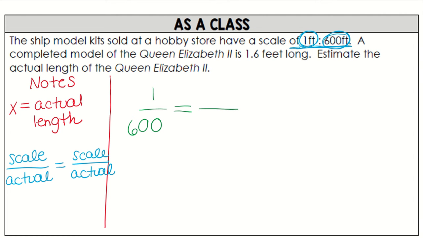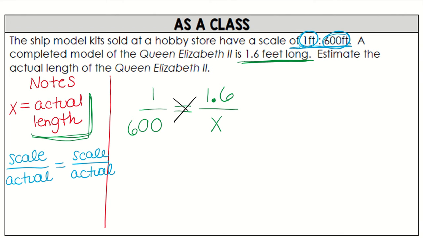And that's going to equal this 1.6 feet long. Is that going to be the scale or the actual length? Good, it's going to be the scale. So that's going to go in our numerator. And then x, since that's our actual length, what we're finding, that's going to go in our denominator. And now we solve.